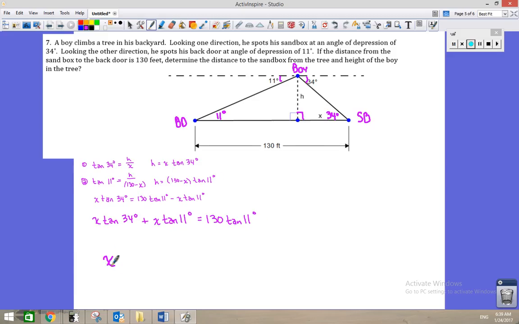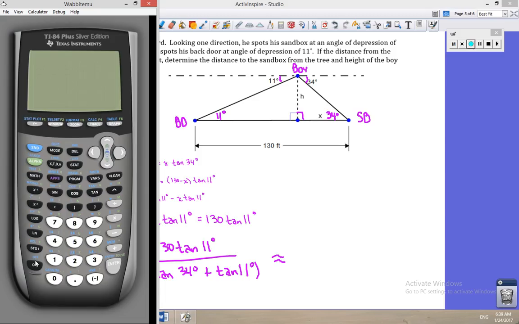So we'll have x is equal to 130 times the tangent of 11 divided by the sum, the tangent of 34 plus the tangent of 11. We can go to the calculator and get that, and then if we just multiply this answer by the tangent of 34, we'll have h.